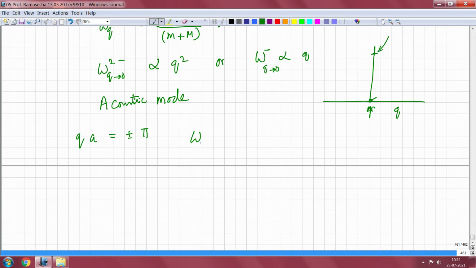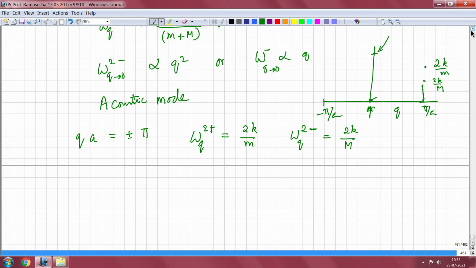I get omega q plus squared for q equal to plus minus pi by a, as one solution is 2k upon small m, and the other solution is omega q squared minus is equal to 2k upon capital M. So at q equal to plus minus pi by a, this frequency will come somewhere here, which is 2k upon small m, and the other frequency will go to 2k upon capital M. So there is a gap in energy in the spectrum at pi by a.